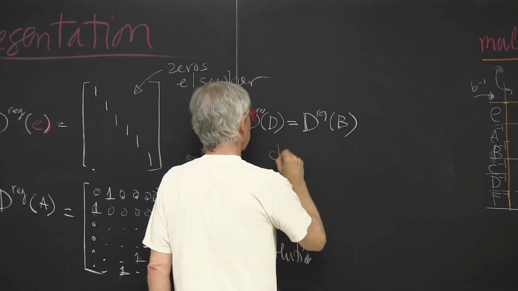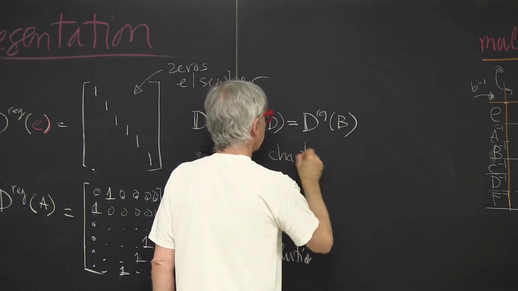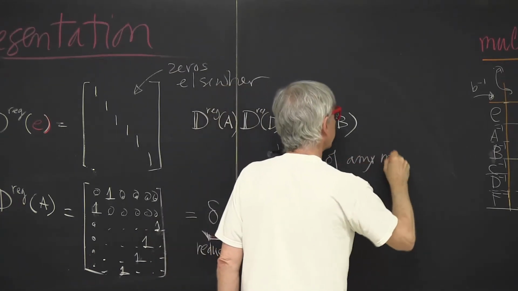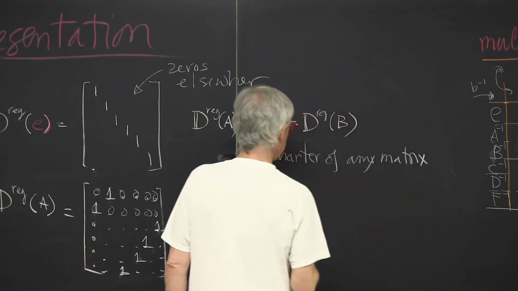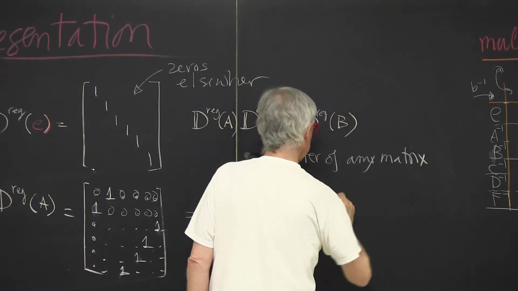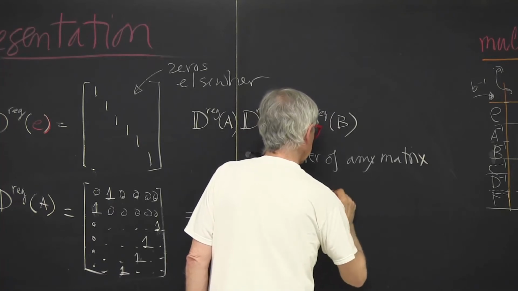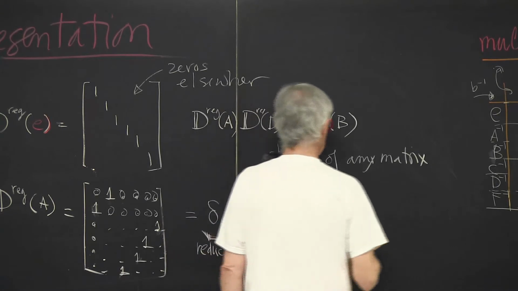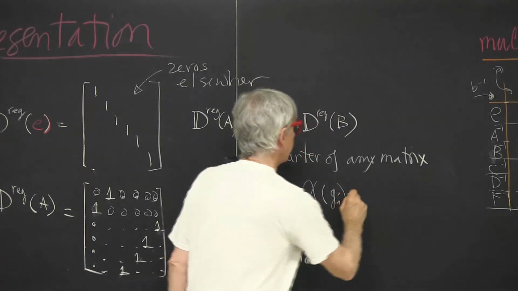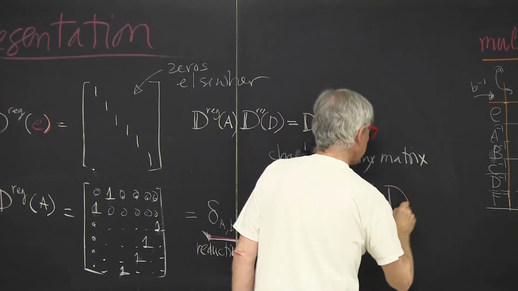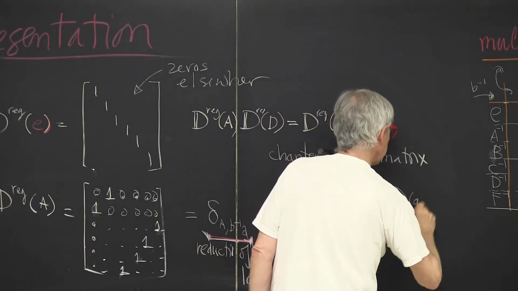In particular, it has an interesting property. The character of any matrix is defined simply as its trace. So psi of any group element g_i is the trace of the matrix representation of the group element.